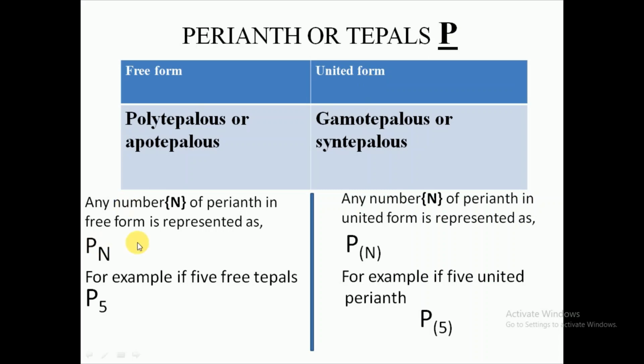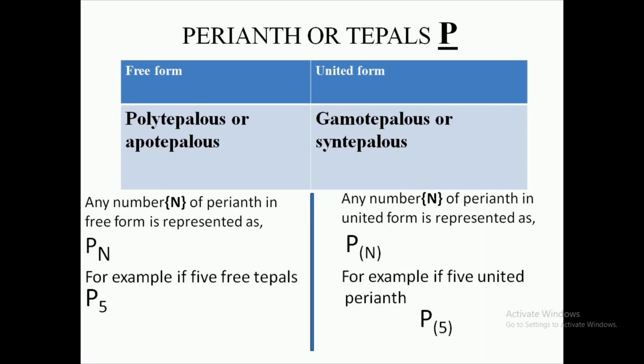So here also any number n of perianth, that means the fused calyx and corolla, we are defining n for the numbers present in a floral whorl.